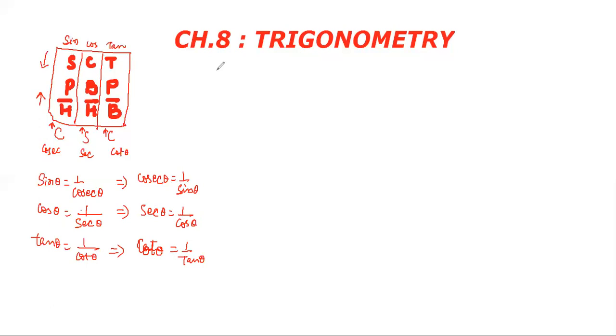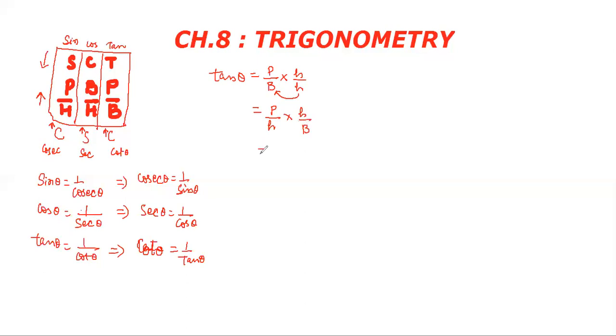See, tan theta is equal to perpendicular upon base. So if I multiply and divide both by hypot and rewrite it like this, I can shift this hypot this side and base this side. So it will become perpendicular upon hypot into hypot upon base.